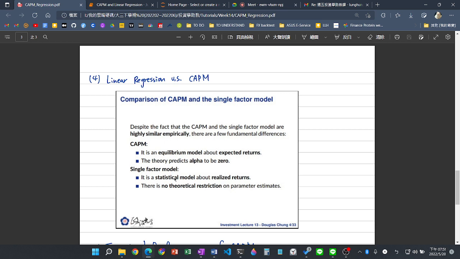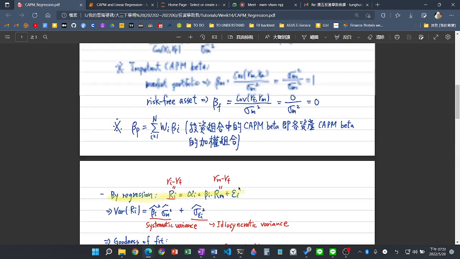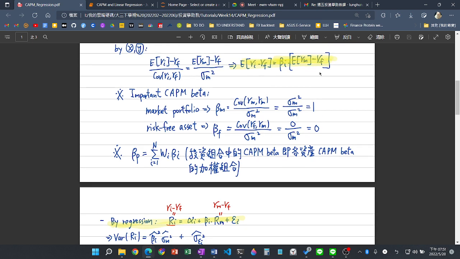In particular, the CAPM is just a theoretical method, however, the single factor model or the linear regression is about the true data, and we will have the realized returns. At the same time, the theory predicts the alpha to be 0. However, in the single factor model, there is no such restriction, and that is why I say that we need to put an alpha i here compared to the original theoretical CAPM.